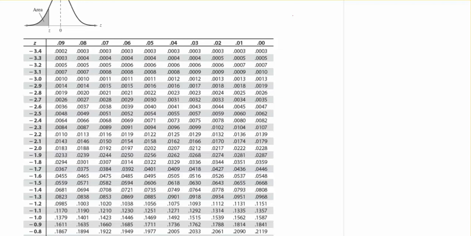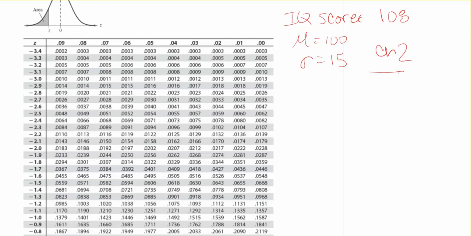If I have an IQ score of 108, and I know that the mean is 100 and the standard deviation is 15, the best I could do back in chapter 2, I don't know what's wrong with my brain today, it doesn't want to write what I'm saying.